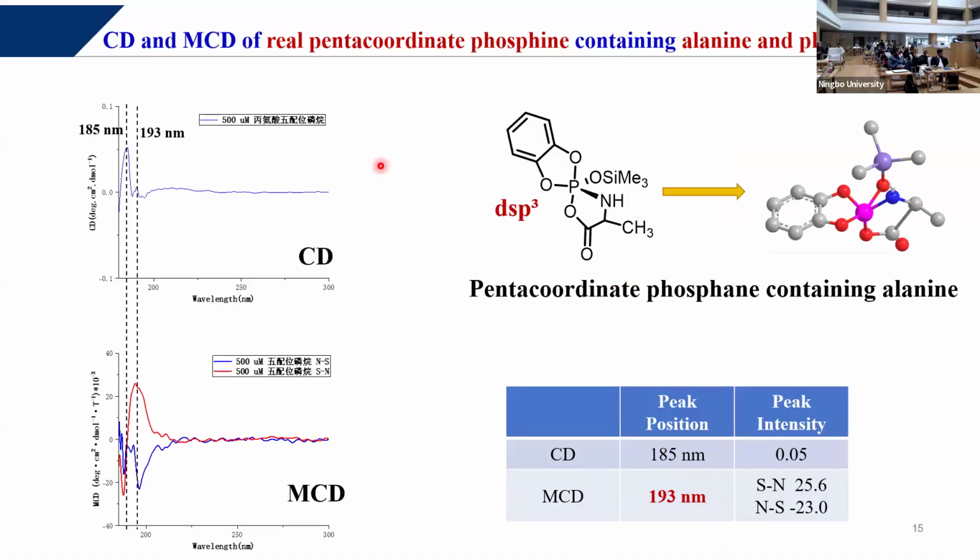Then we synthesized the aryl pentacoordinated phosphorine containing alanine and phenol, followed by testing its CD and its MCD.